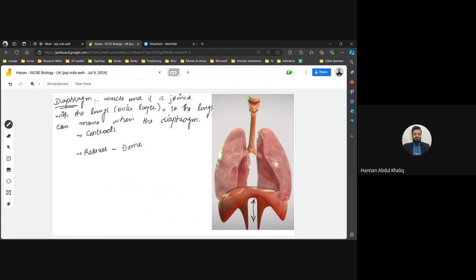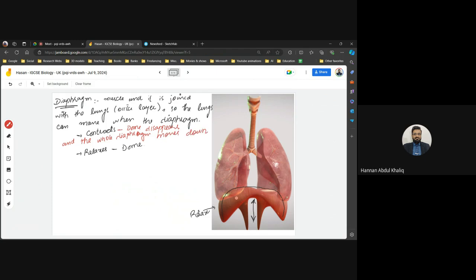This is the position where it is relaxing. But when it contracts, the dome disappears, and the whole diaphragm moves down.